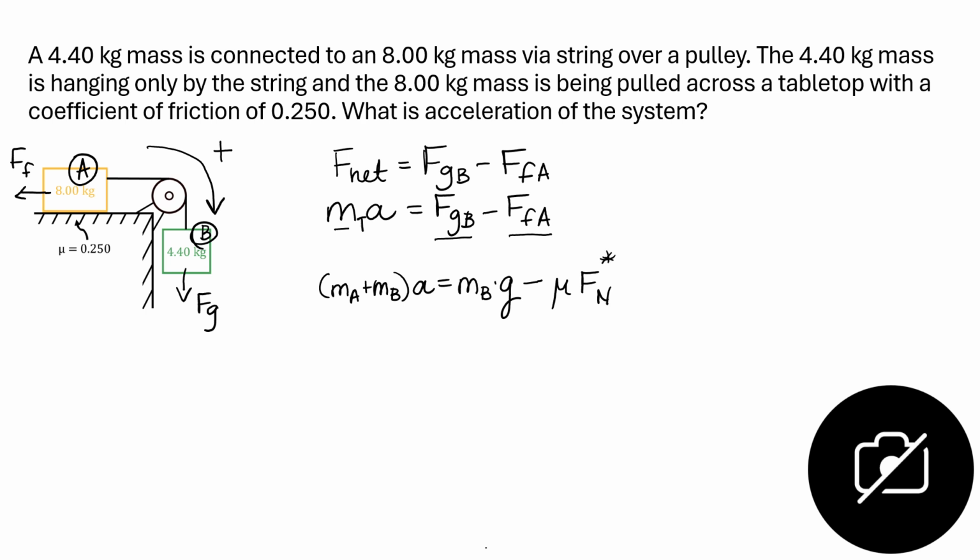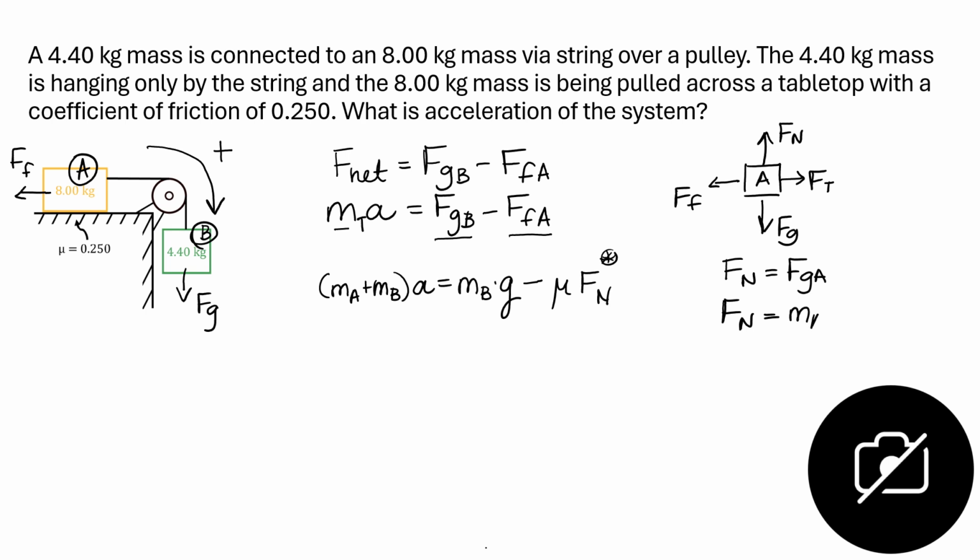And I'm asking you to recall that A had F normal, F gravity, F tension, and F friction, and F normal wound up equaling Fg of A. So F normal was ma times g.